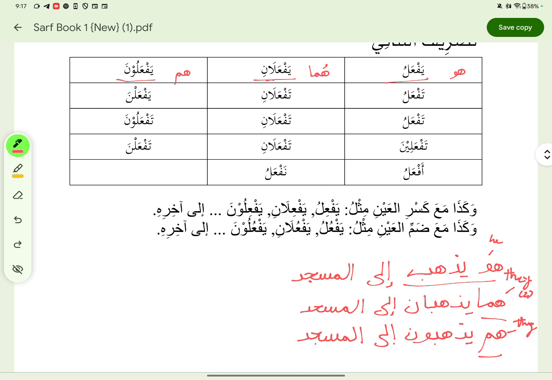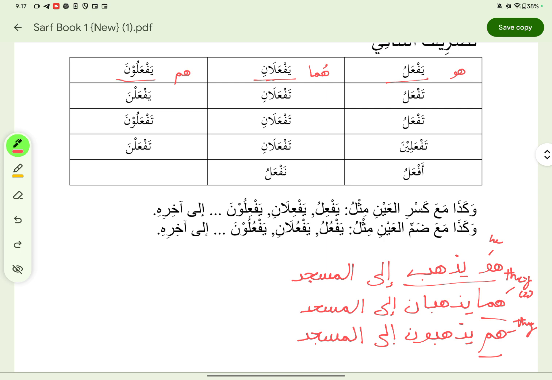The pronoun doesn't even have to be there. It's there right now for learning purposes. Sometimes you will see it in the Quran, and if you see it in the Quran, it's typically to signify something very important. So if I say yadhhabu ila al-masjid, or wa huwa yadhhabu ila al-masjid, either way is fine.